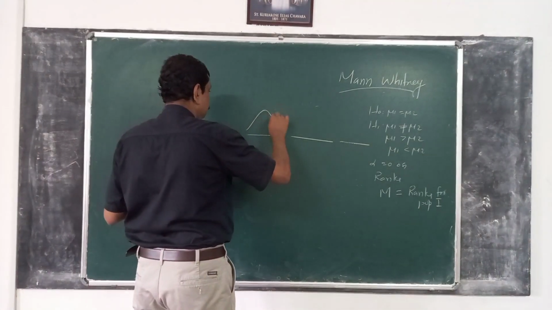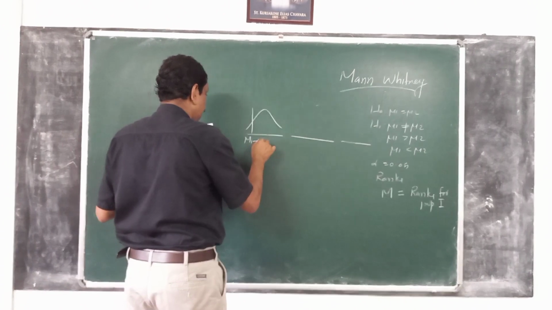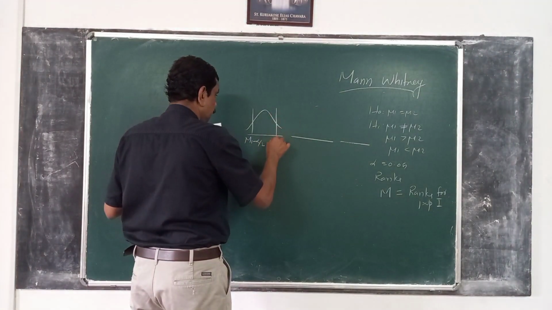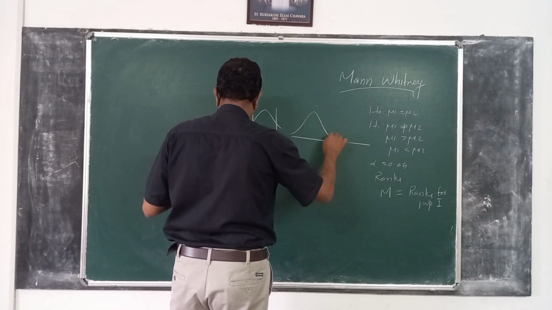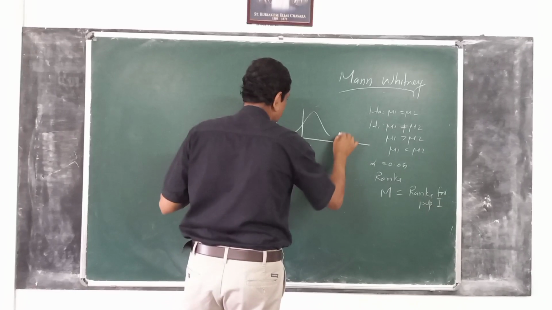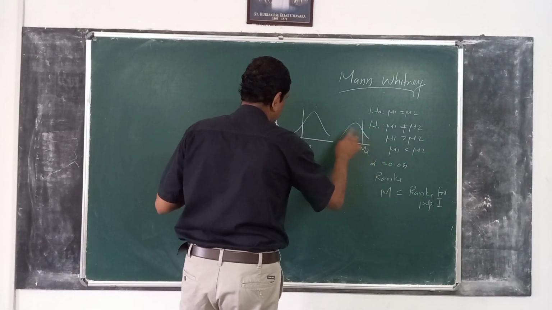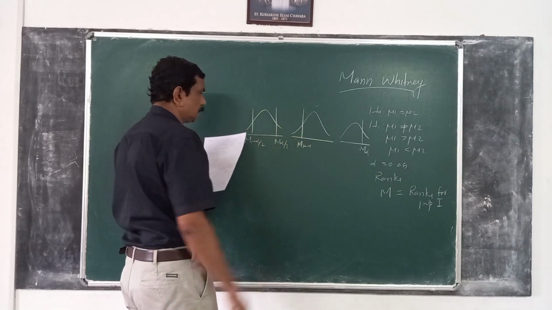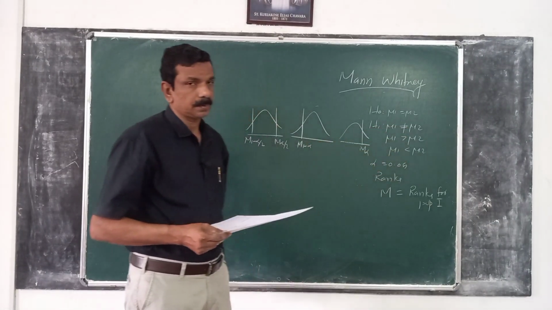M 1 minus alpha by 2, M alpha by 2, then M 1 minus alpha, M alpha: right tails, left tails, or two tails, depending on your alternative hypothesis.